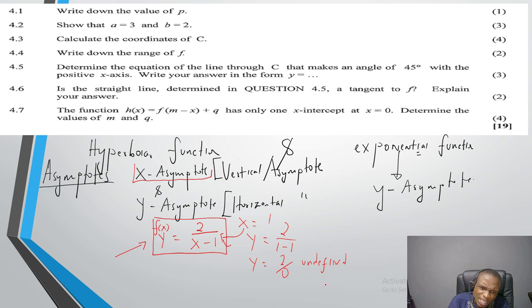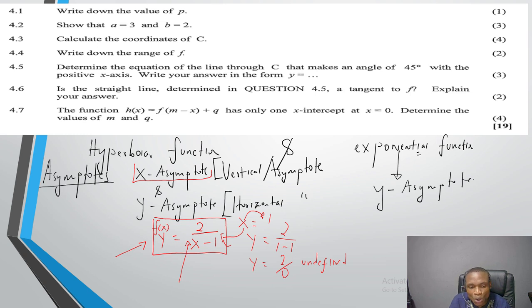So it means that for this function, which is 2 over x minus 1, x being 1 is the x asymptote. It is that value of x which we cannot use to find the y value. It is the input that cannot give us the output value. So then we say, oh, x being 1 is the x asymptote.